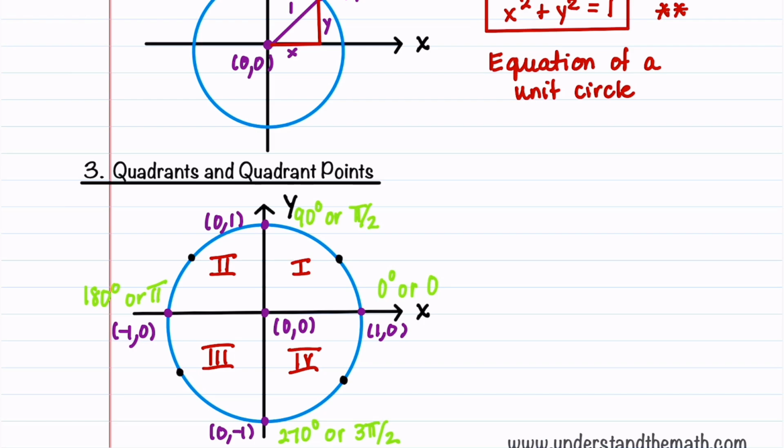Let's now identify which points are positive and negative on the unit circle. In our first quadrant, every point is positive. The x value is positive and the y value is positive. In our second quadrant, our x values are negative and our y values are positive.